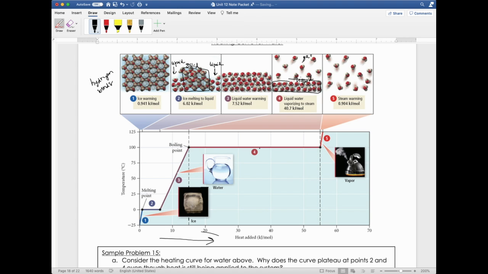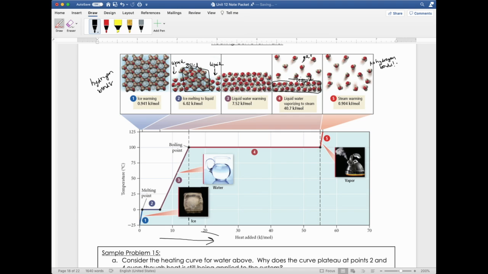Once, however, I have broken every single hydrogen bond, I can now raise the temperature of that gaseous water sample. So notice here, these particles are really far apart. We have no hydrogen bonds, if of course this was an ideal gas, because all that energy that was applied already broke them.